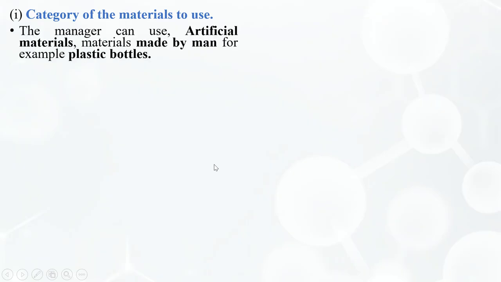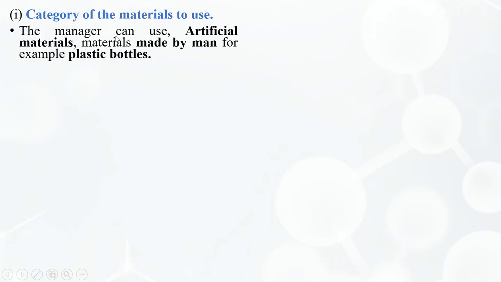Let's look at it very fast. So let's look at the category of the materials to use. Don't forget it is a juice business, and they want to make packaging bottles, and they are looking at which category of material can they use. Look at this.